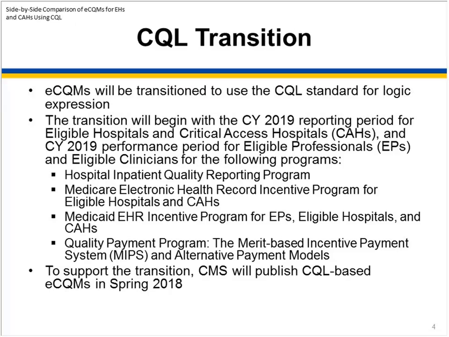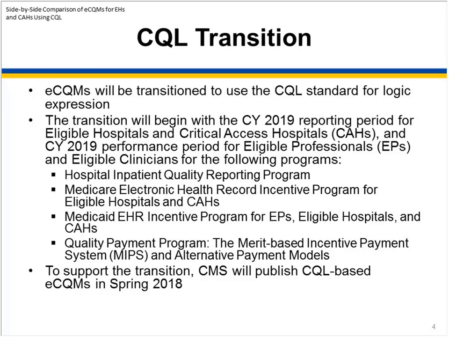As of November 2017, following more than 1 year of testing and input from the vendor and implementer communities, eCQMs in CMS quality programs will be transitioned to use the CQL standard for logic expression.